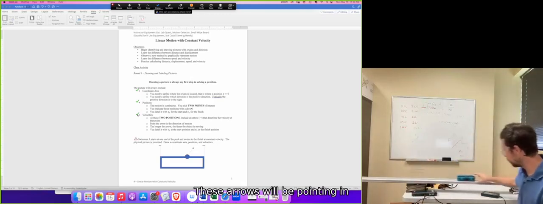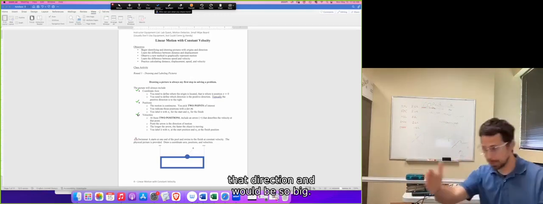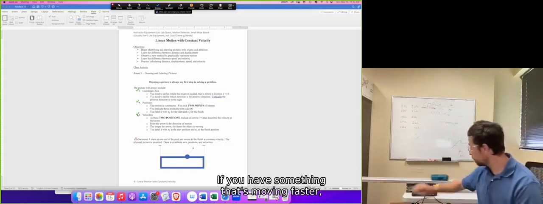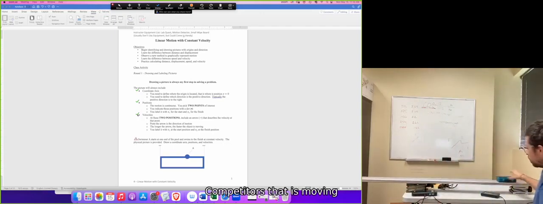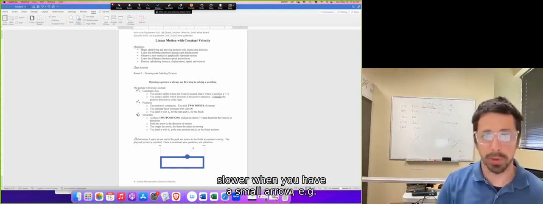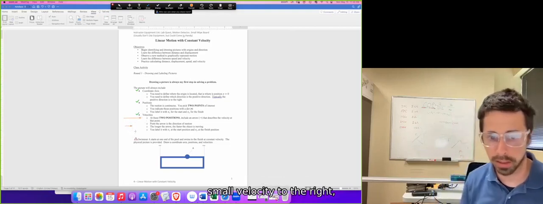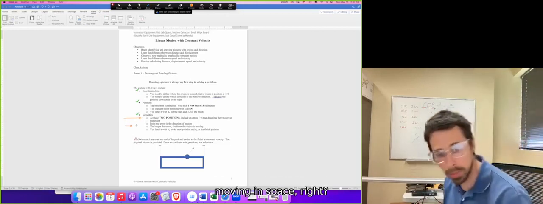If you have something that's moving faster, you have a big arrow compared to something that is moving slower, where you would have a small arrow. For example, a big velocity to the right, a small velocity to the right, and that corresponds to the actual physical thing moving in space.